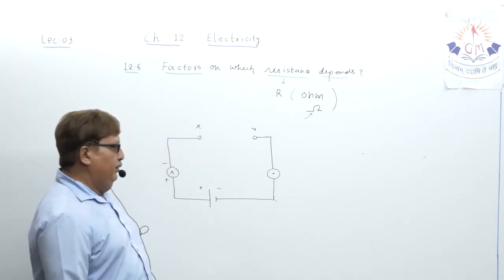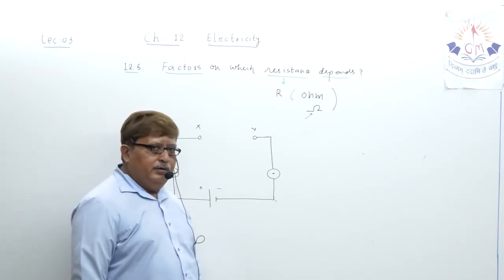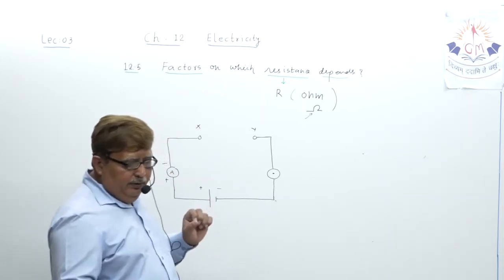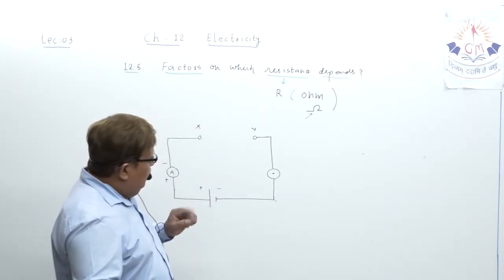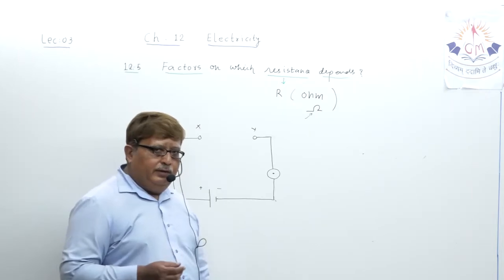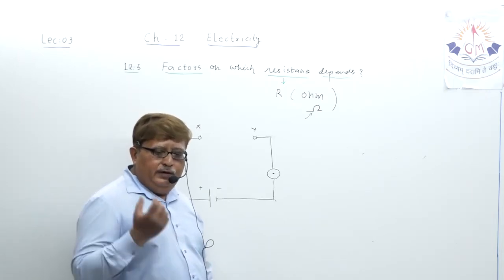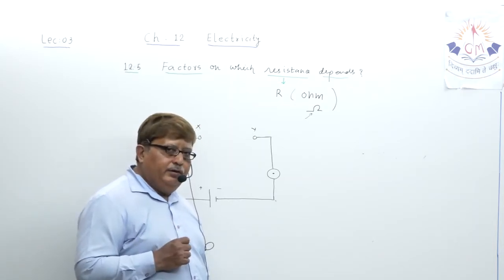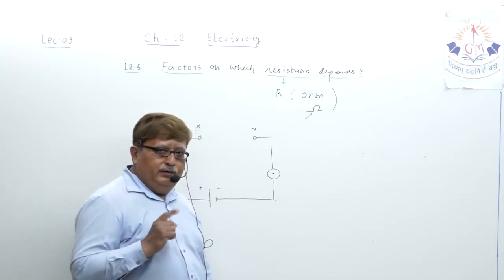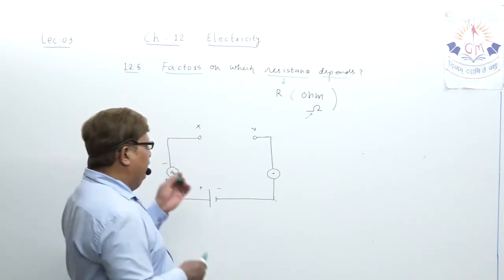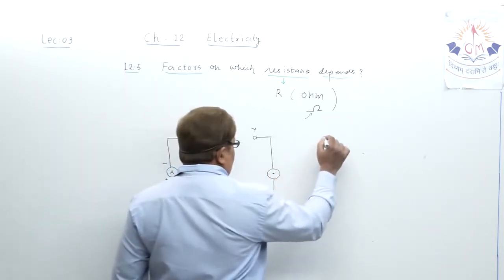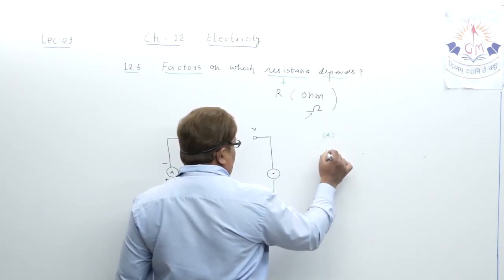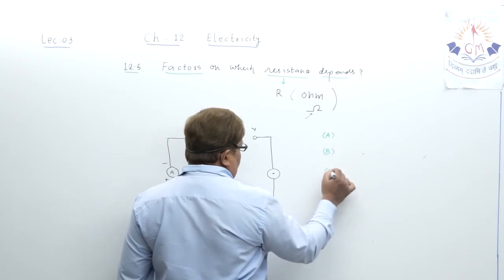Now, my dear student, how we are going to perform and understand this particular experiment or activity 12.3, where they are trying to make us understand on which factor resistance depends. Okay. Suppose, my dear student, I take four devices here, A, then B, C and D.